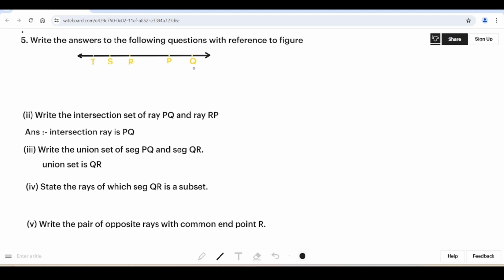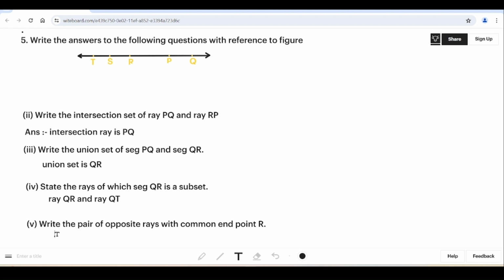Therefore, the sets that are greater than QR are QS and QT. So our answer is ray QS and ray QT, of which QR is the subset.